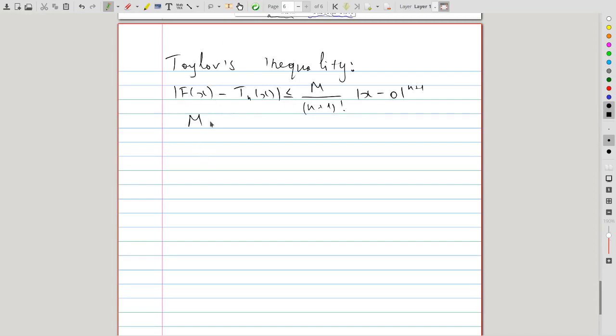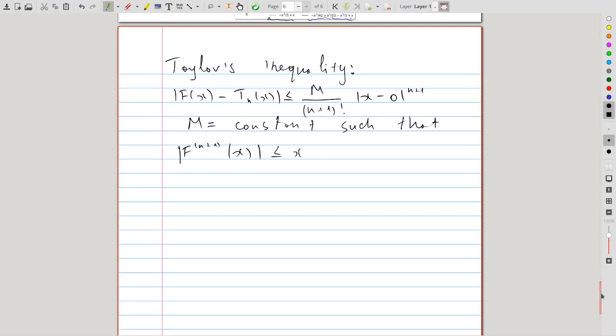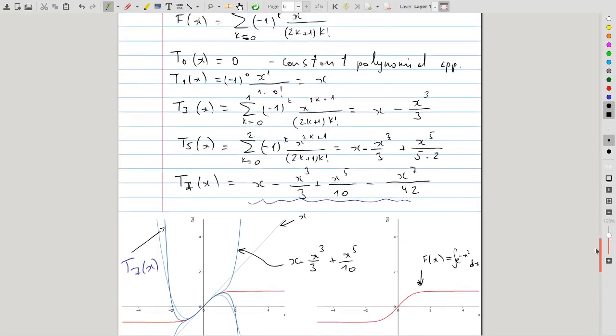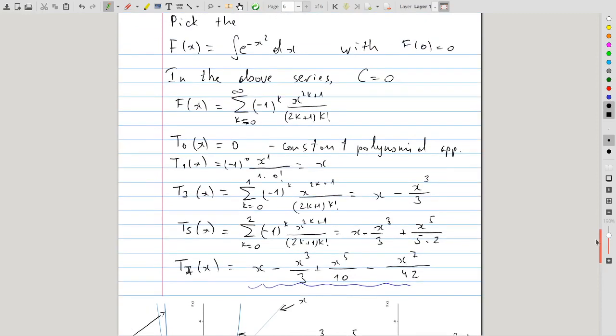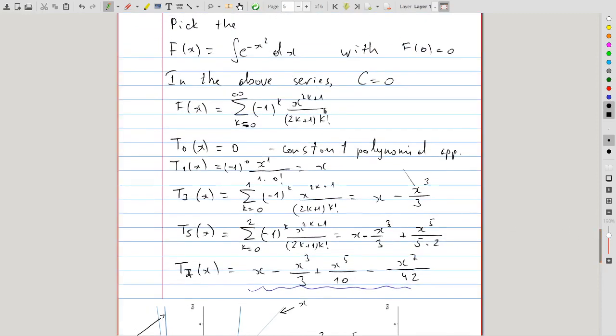So in our case, M is a constant such that the next order derivative of f is bounded by this constant. And so you can, in principle, explicitly compute all these constants because you know what the derivative of f is. It's written right here.